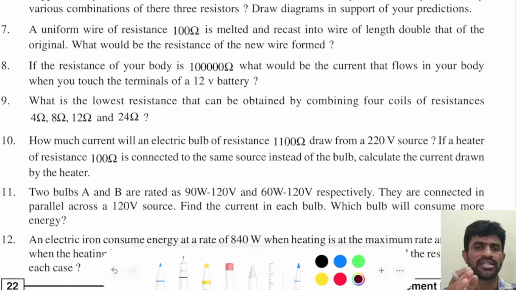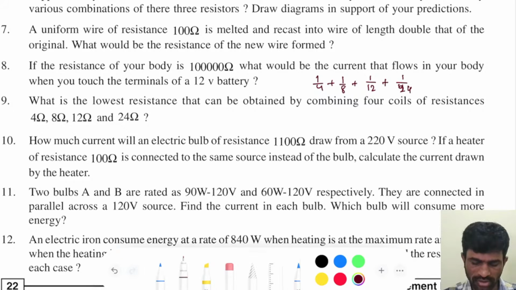What is the lowest resistance that can be obtained by 4 coils of resistances? Whenever you want the lowest resistance, what do we do? We connect them in parallel. So we get 1 by 4 plus 1 by 8 plus 1 by 12 plus 1 by 24.